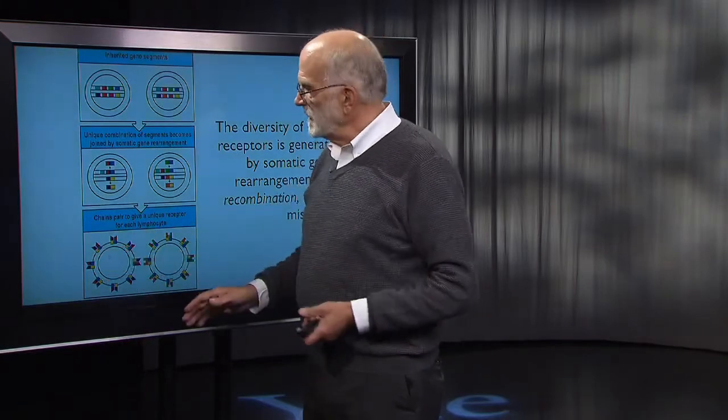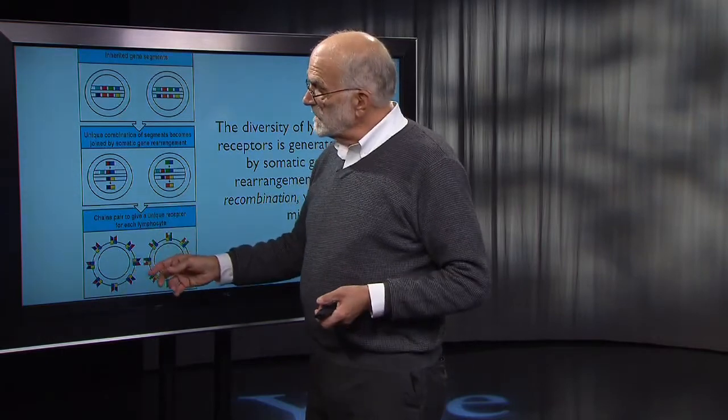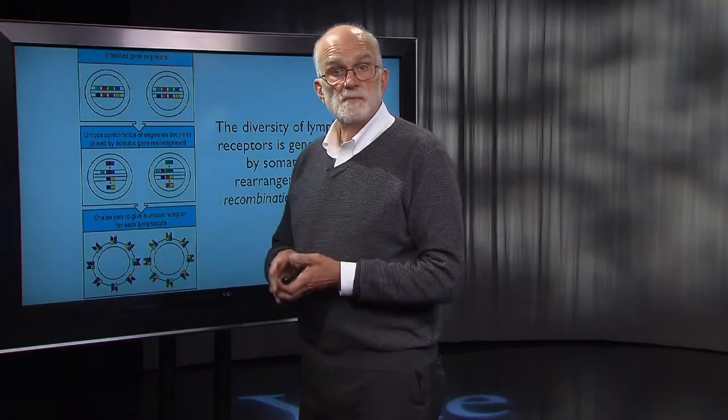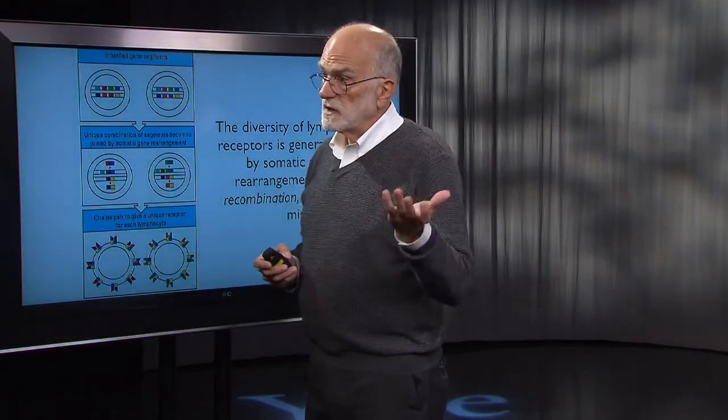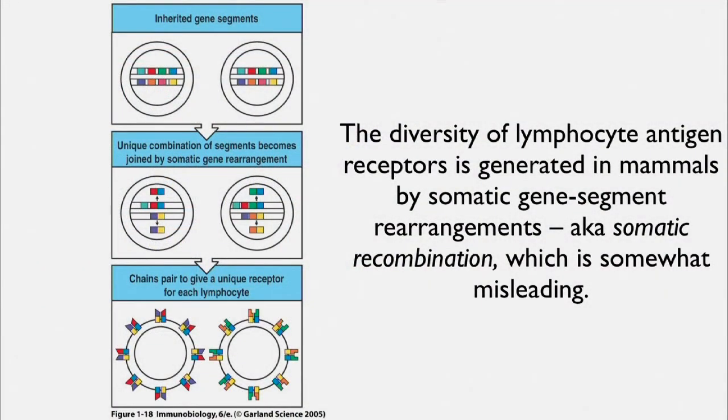Okay, so you will have a population of cells that are sitting there in lymph nodes, and one cell might be presenting a receptor that would be effective against the common cold, and another cell might be expressing a receptor that would be effective against malaria. And since that person hasn't been infected yet, those cells are not yet active.